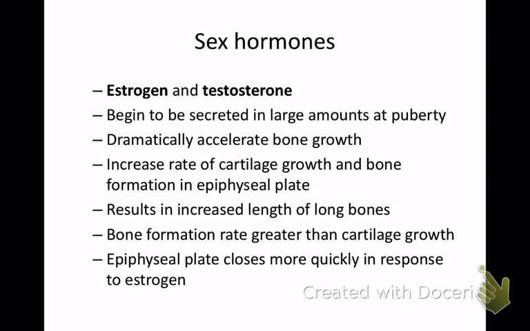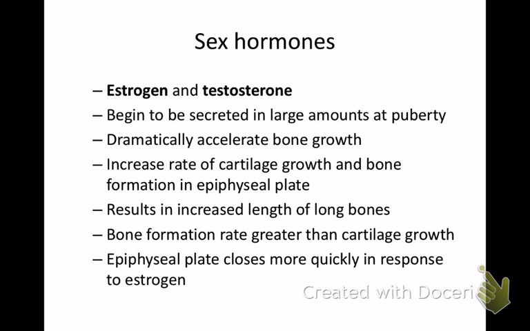Okay. So in females, the sex hormones are called the estrogens, and in males, they are the androgens, and the main androgen is testosterone. Something stimulates the secretion of these hormones in increasing amounts at the beginning of puberty. And there's a two-edged effect to these sex hormones.